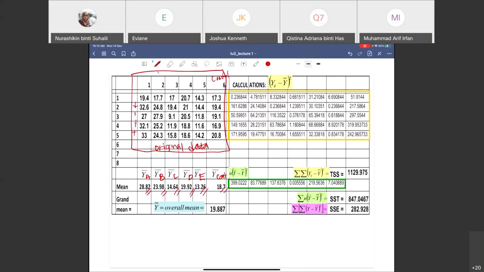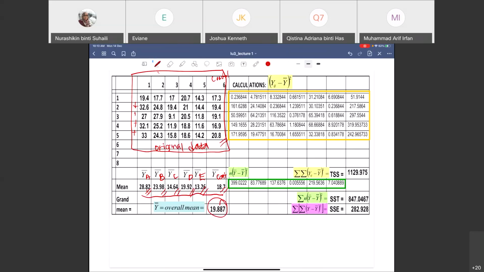The overall mean, it can be either you just add up all of this and divide by 30, because it's actually the same thing. You can sum everything, 19.4 plus 17.7 plus 17 up to 20.8, divided by 30, and it will give you this value.